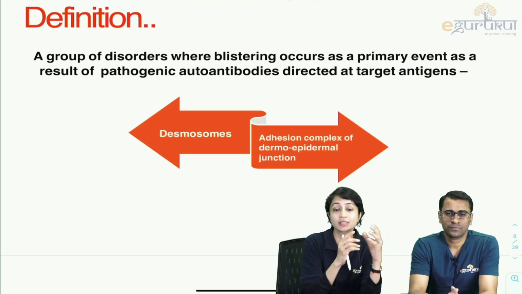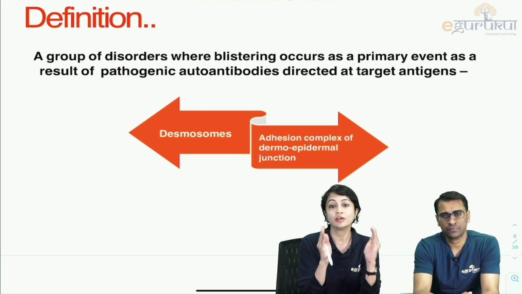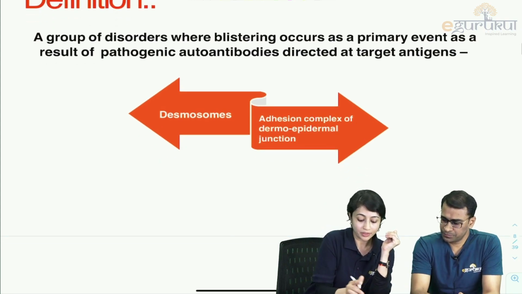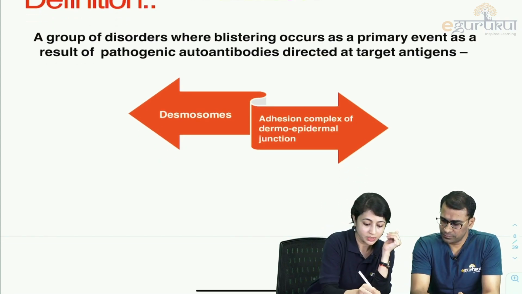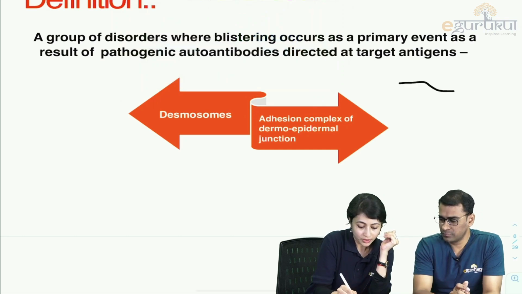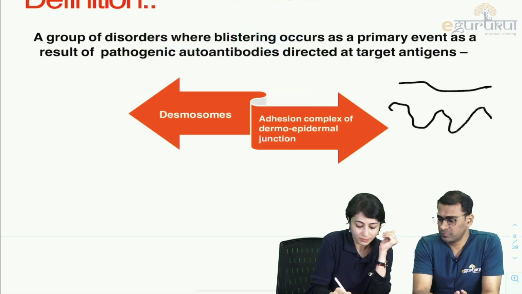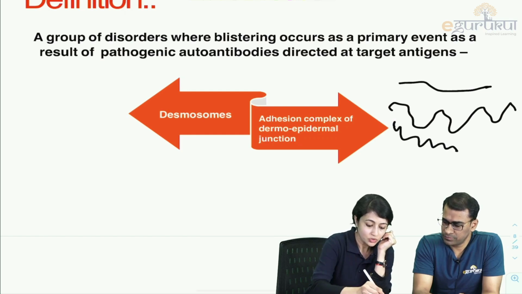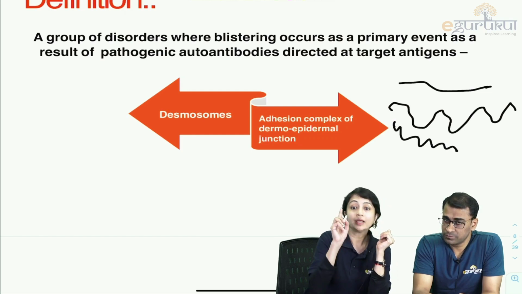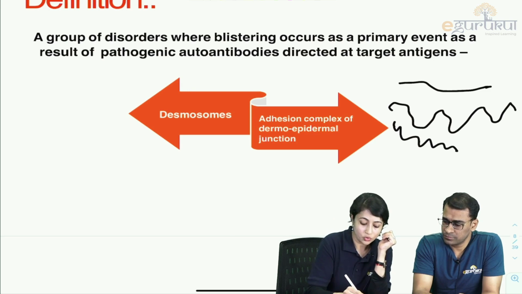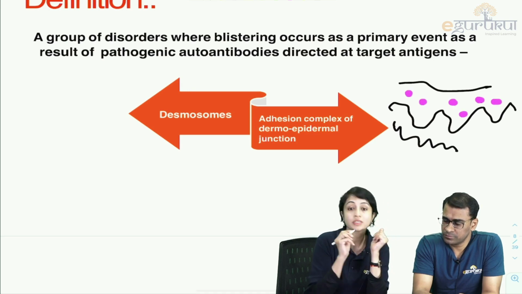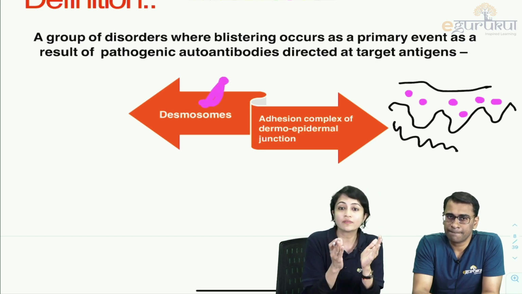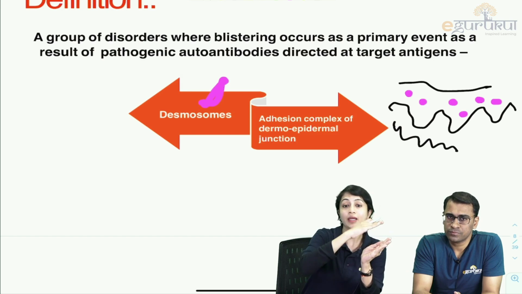Now, as we already said, where the split is happening will define what my disorder will look like. So, for example, if this is my epidermis, and here below is my dermis. If my autoantibody is going and binding to the antigens in the epidermis, which are my desmosomes, I will have a split in the epidermis.